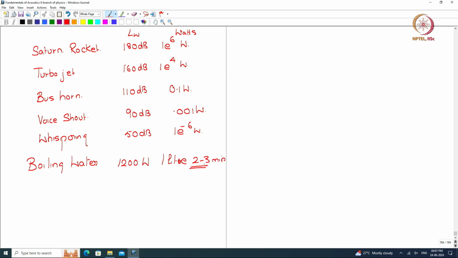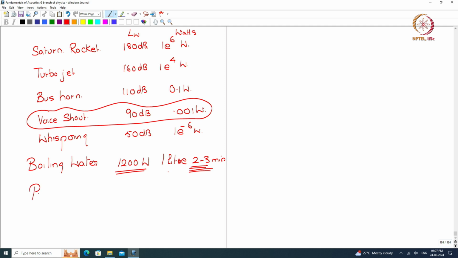So how much is the wattage and how much time it takes to boil 1 liter of water, and even in a voice that is shouting, how much is the wattage. The raw power in sound is very low. In another word, what it means is our ears are very sensitive.